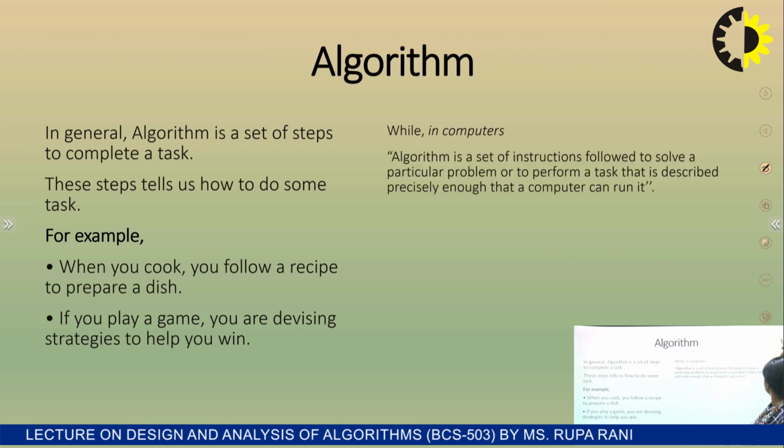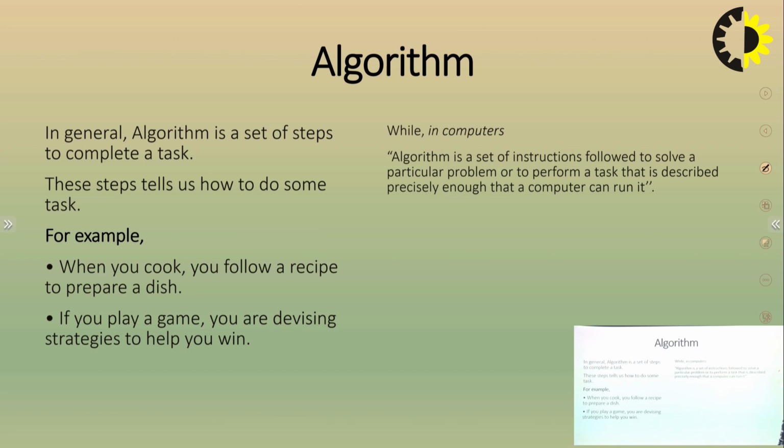Now, in computer's language, you can say an algorithm is a set of instructions followed to solve a particular problem or to perform a task that is described precisely enough that a computer can run it. Means it's simply a set of instructions to solve a problem or to perform a particular task.